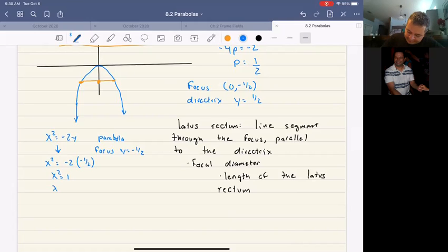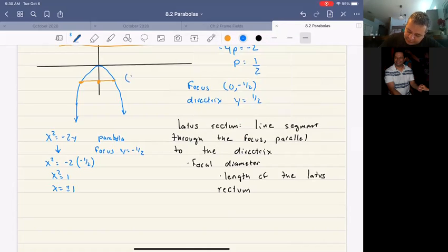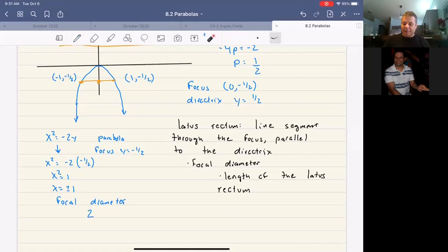So x is going to equal ±1. So this point is (1, -1/2) and this point here is (-1, -1/2). So the focal diameter here is just simply 2. That's the length from (-1, -1/2) to (1, -1/2).